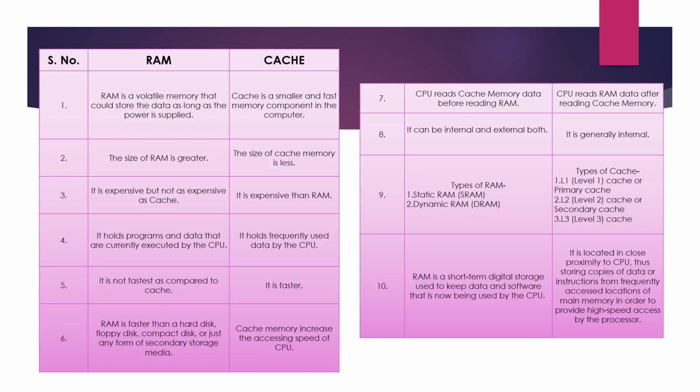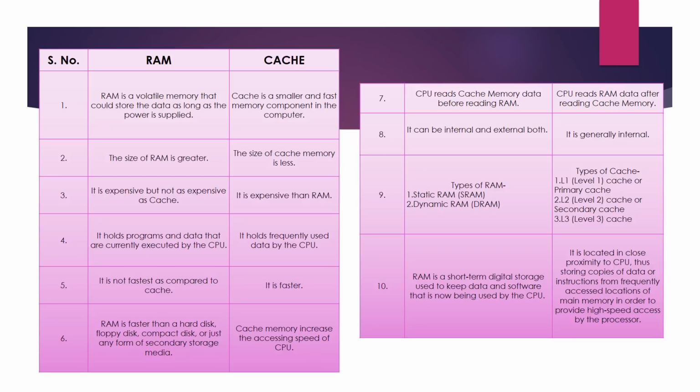RAM is expensive, but cache is much more expensive than the RAM. Both are used to hold the program until the power supply is on. RAM is not as fast as the cache, but RAM is faster than the secondary storage.